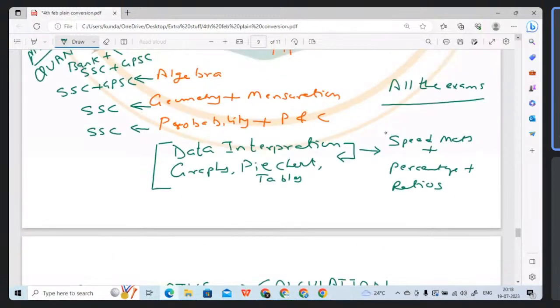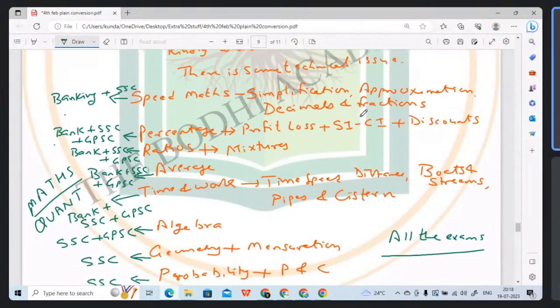Percentage, speed maths, ratios, average: these four chapters are more important than anything else. For those students who are writing GPSC, Goa Public Service Commission, time and work is the most important topic. For all other exams, speed maths, percentage, ratios, average are very important.